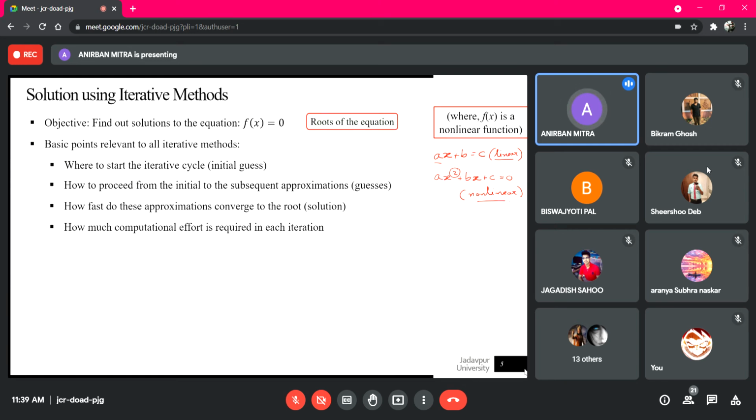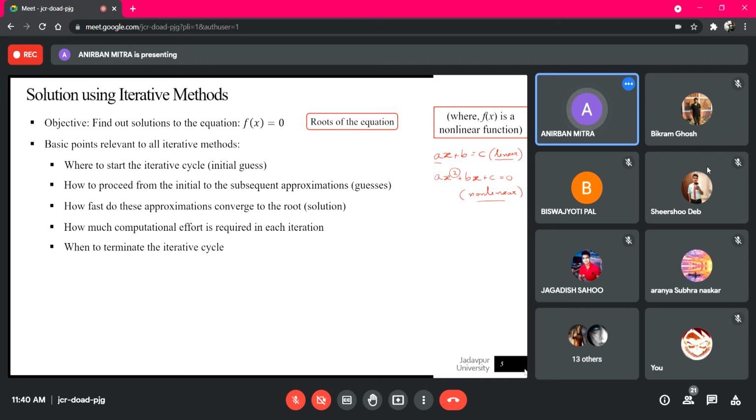So, how many number of times is this function evaluation taking place in each iteration? That is a measure of computational effort. If it is too large, then your system might suffer. That means a system having low computational capability cannot handle numerical methods or iterative methods with high computational effort. So this point needs to be dealt with as well.